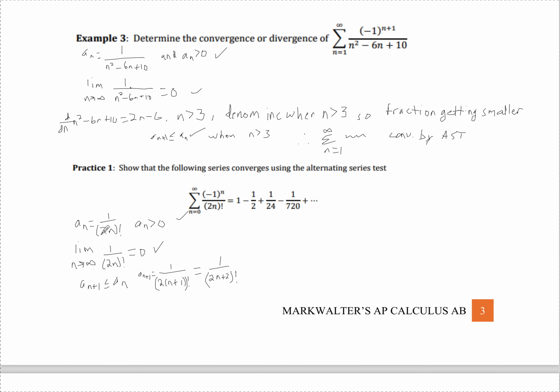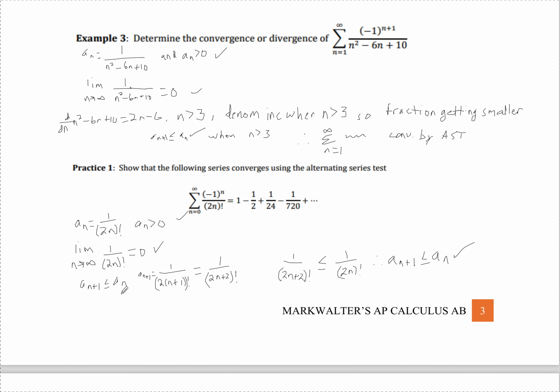Okay, so 2n plus 2 factorial. If I compare that to 1 over 2n factorial, the denominator here is bigger, right? 2n plus 2 versus 2n. So I could say that 1 over 2n plus 2 factorial is less than or equal to 1 over 2n factorial. Therefore, a sub n plus 1 is less than or equal to a sub n.